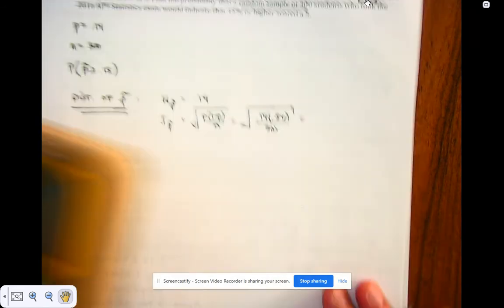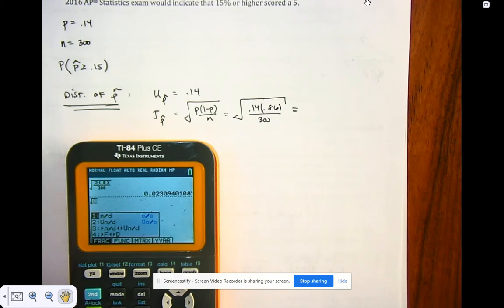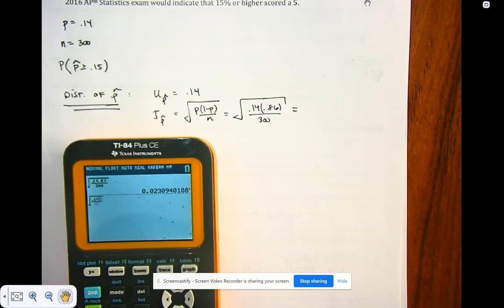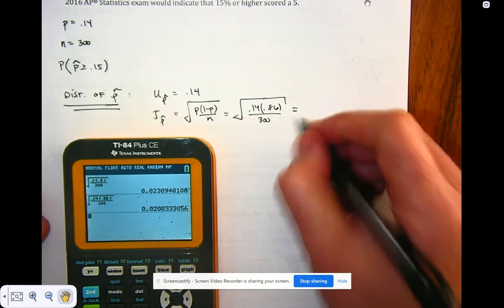And we type that guy in. And we say, let's quit out of here. Second, square root, alpha y equals enter. Let's do 0.14 times 0.86, all divided by 300, and we get 0.02.